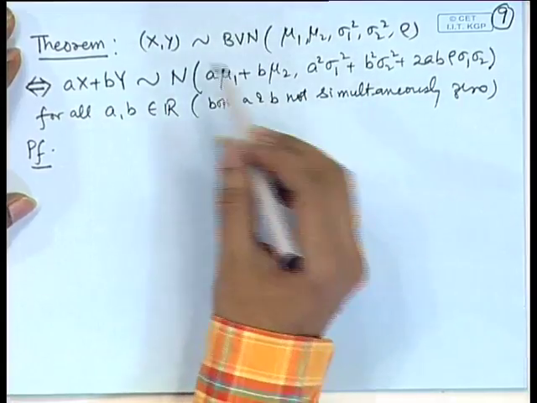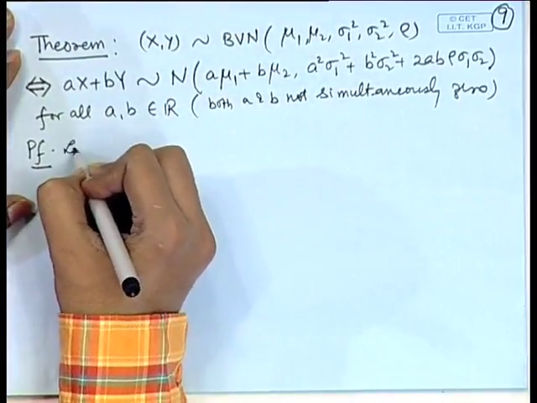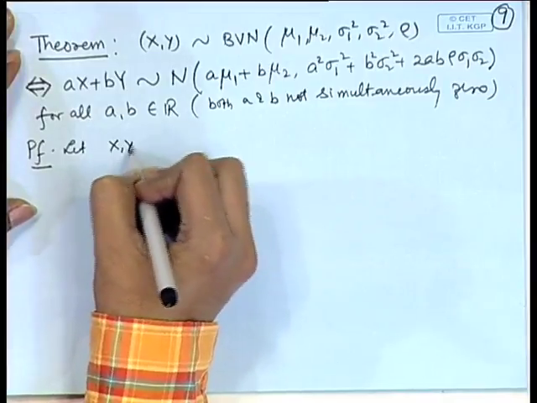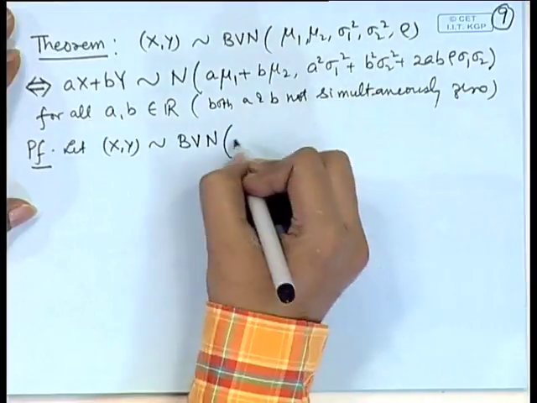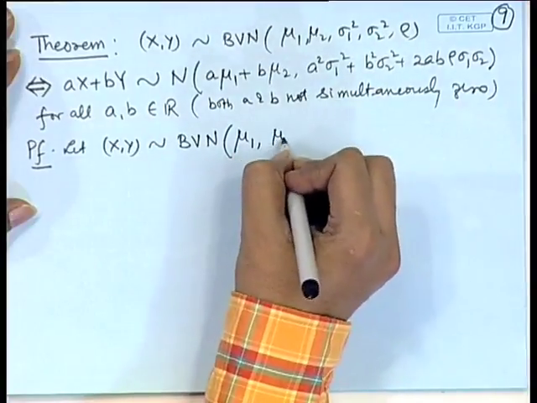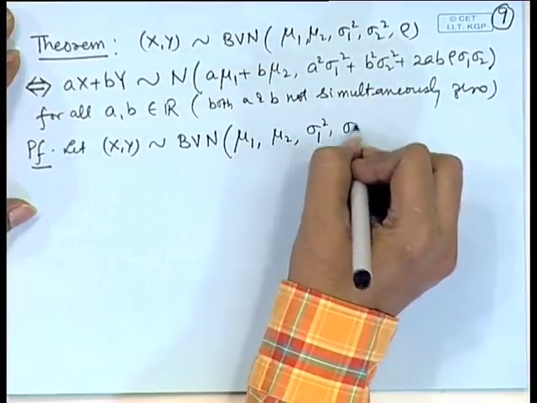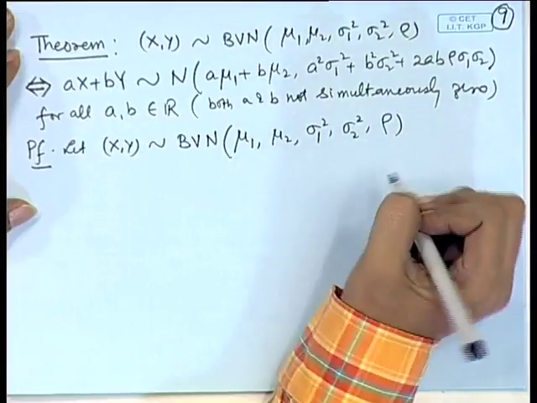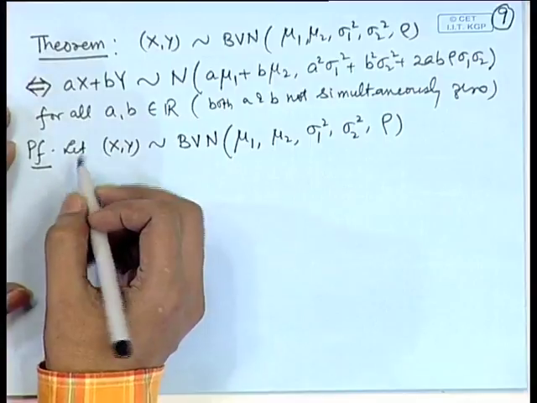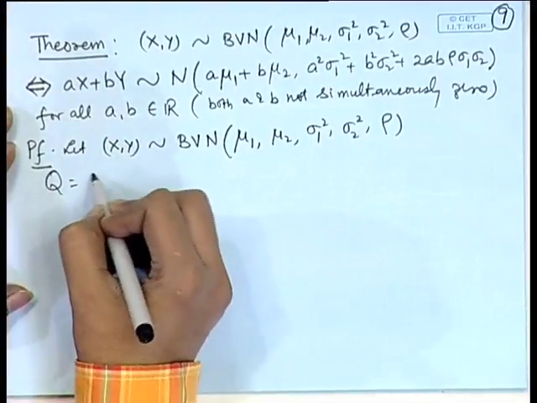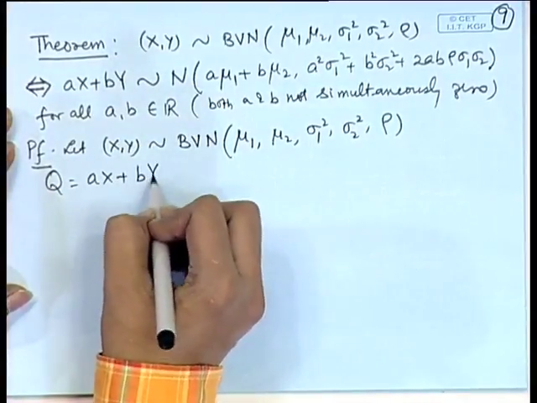So, in order to prove this statement, let X, Y have bivariate normal distribution with the given parameters mu 1, mu 2, sigma 1 square, sigma 2 square and rho. Let us write the random variable, say Q, as aX plus bY.